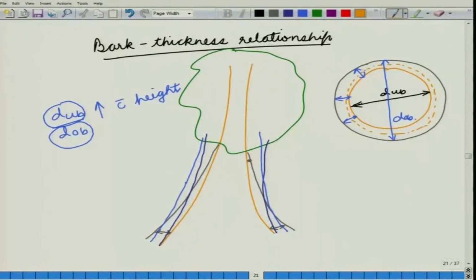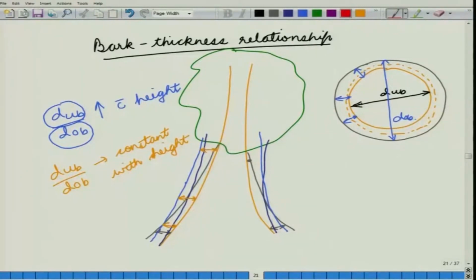So, this happens in most of the species, especially coniferous species. In some hardwood species, this ratio DUB by DOB is constant with height, in which case the thickness of the bark is the same whether you look at lower reaches or at the higher reaches.